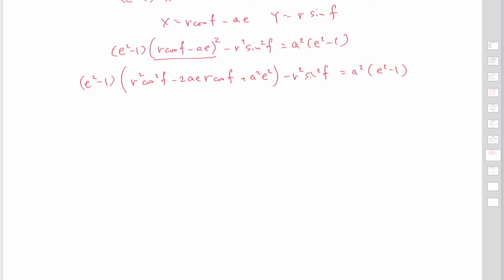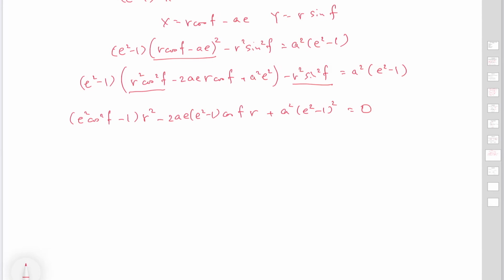Then actually we can combine these. So it becomes (e squared cosine squared f minus 1) r squared minus 2a (e squared minus 1) cosine f r plus a squared (e squared minus 1) squared equals 0.